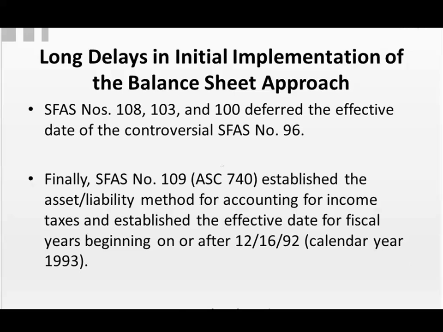Finally, FASB 109 established the balance sheet or asset liability method for accounting for income taxes, and that was effective for fiscal years beginning on or after 12/16/92. So it took 6 years after the issuance of 96 to get to FASB 109 to finally embrace the balance sheet approach. All right, now, what did that approach do?